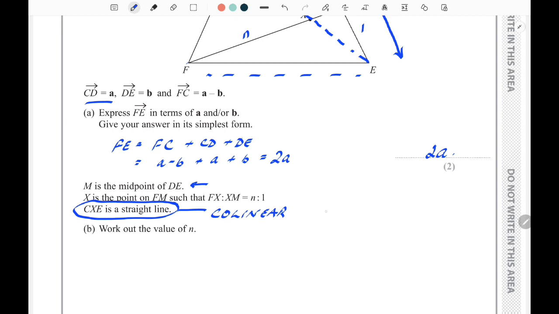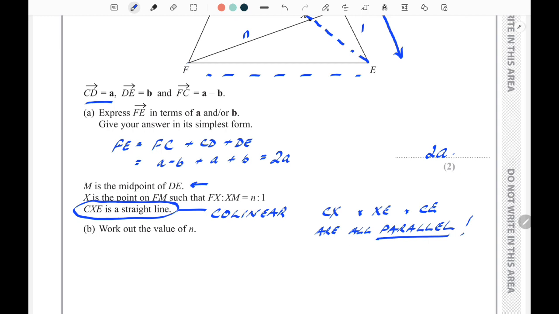That means going from C to X and then X to E, right? And indeed, let's put C, X, E, are all parallel. That is really important. Okay, they're all parallel.